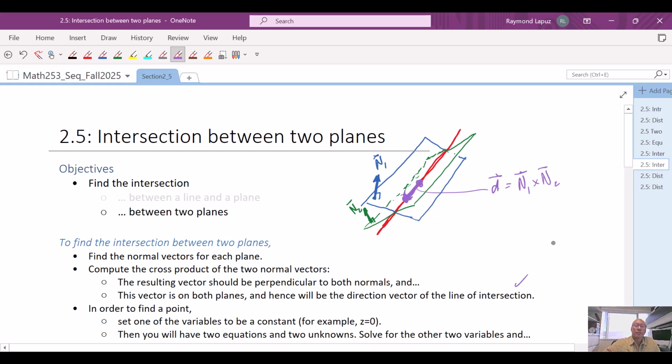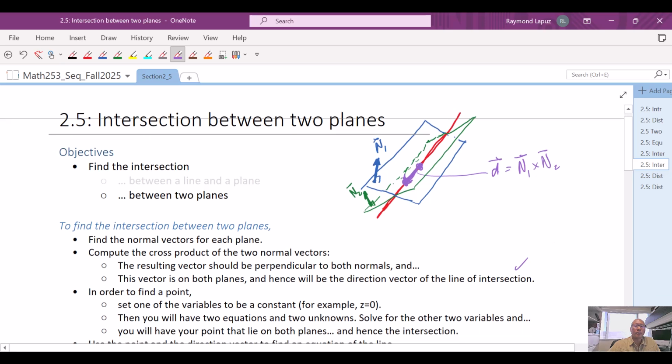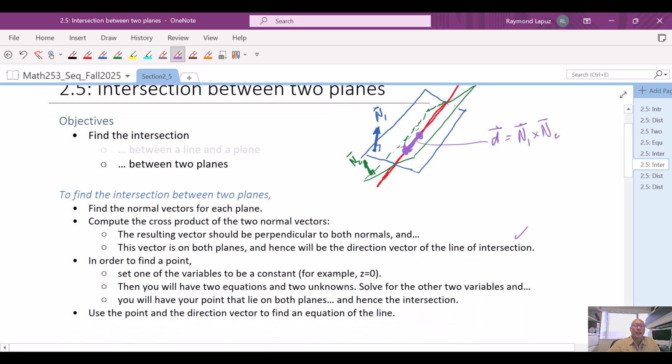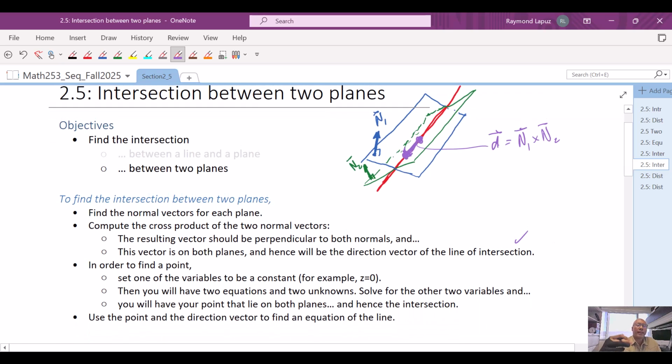Once we find our direction vector, we need to find a point on that line. There are several ways to do this. One of the ways is to find where both of these planes intersect a plane like z equals 0. In other words, you set one of the variables equal to a constant.